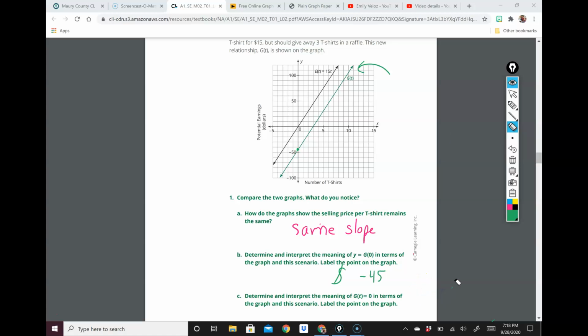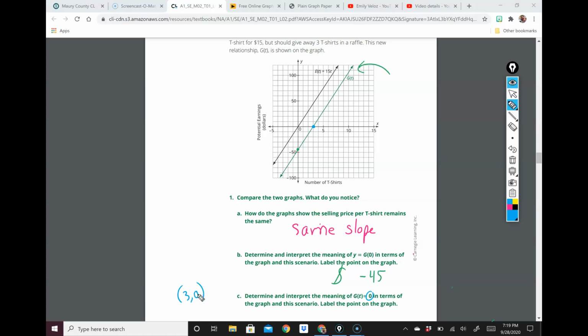Part C, determine and interpret the meaning of g of t equals 0 in terms of the graph in this scenario. Label the point on the graph. So if my output is 0, that means that's where it crosses the x-axis, so that's going to be 30.